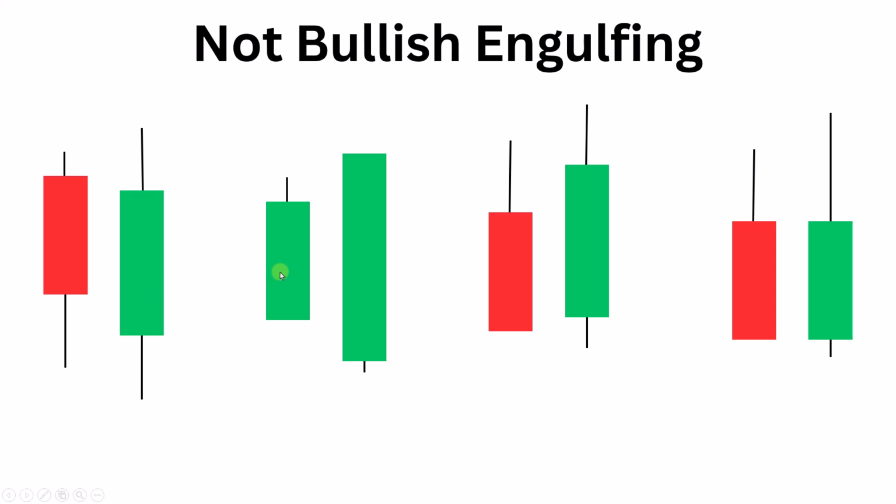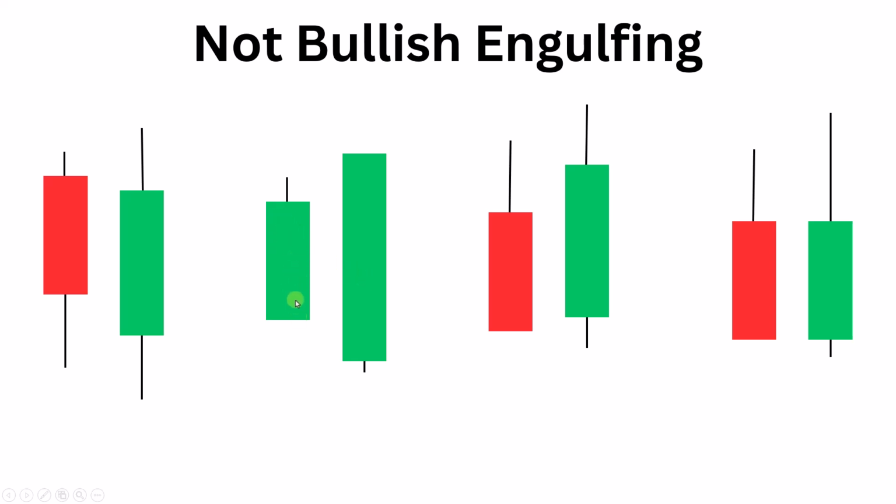Now here we have a green candle and a green candle. What we want is a red candle first and then a green candle. Even if the pattern comes after a downtrend, even if every other condition is satisfied, this is not considered to be a bullish engulfing pattern, because we do not have a red candle here.